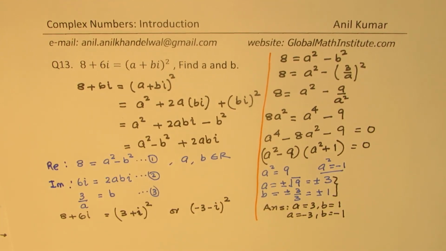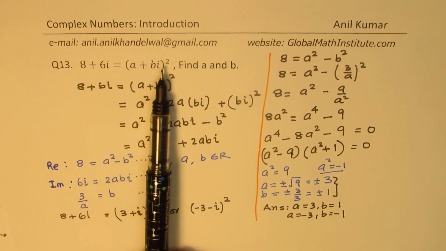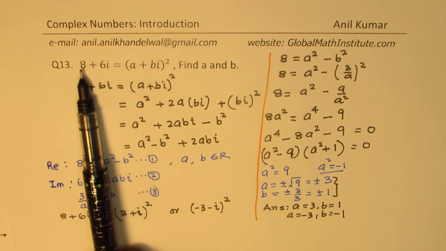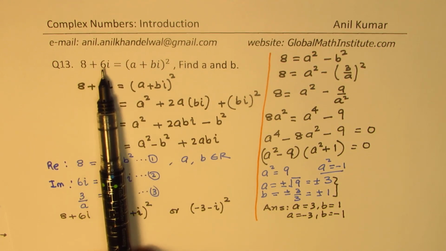I hope that makes sense. With that, we come to an end of our introduction to complex numbers. I hope you have understood and enjoyed this process. You will also note that in the last example, we actually found the square root of 8 + 6i.